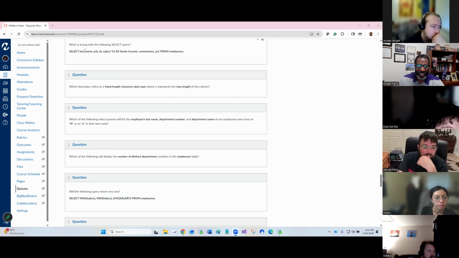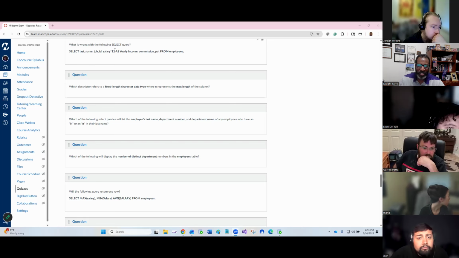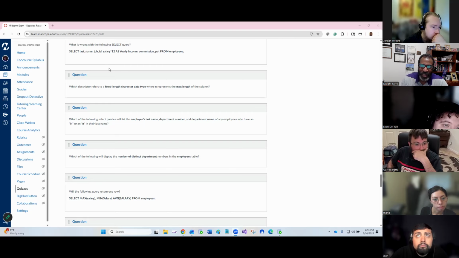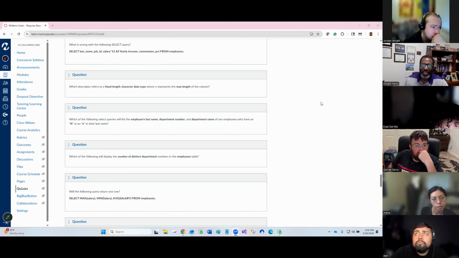What is wrong with the select query? So what's wrong with this? Select last name, job ID, salary times 12 as yearly income, commission percentage from employee. So what's wrong with that query? Is it missing the quotes around yearly income for the alias?